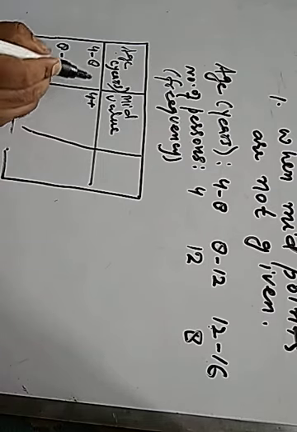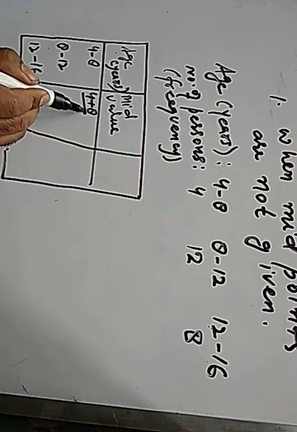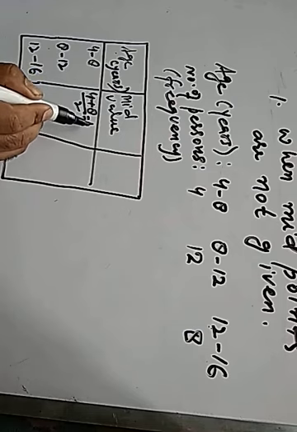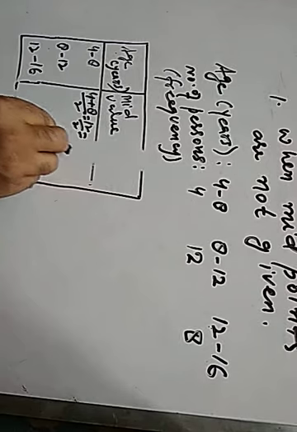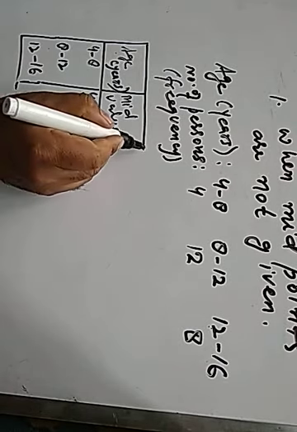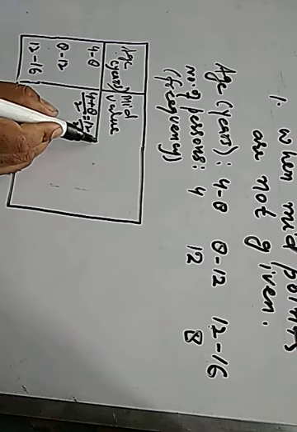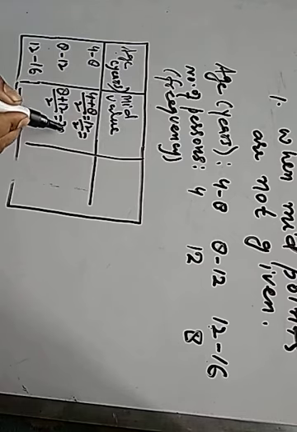Now what is the lower limit of this first class interval? That is 4. Upper limit is 8. 4 plus 8 divided by 2, it will be 12 divided by 2, which is equal to 6. For this class interval, it will be 8 plus 12 divided by 2, it will be 20 divided by 2, which is equal to 10.